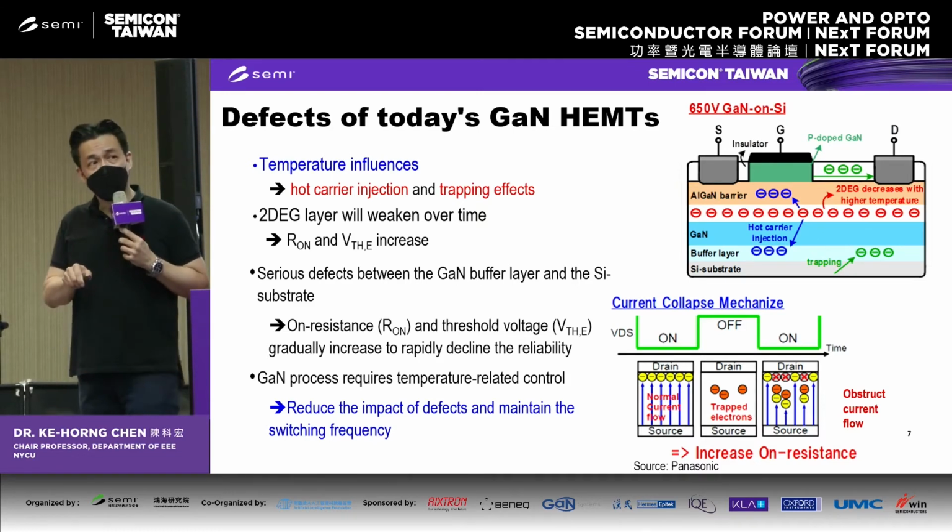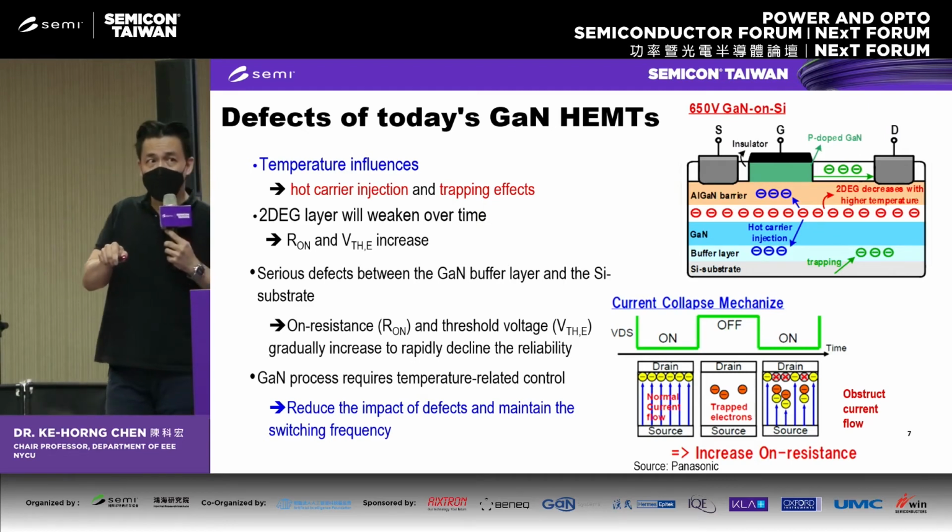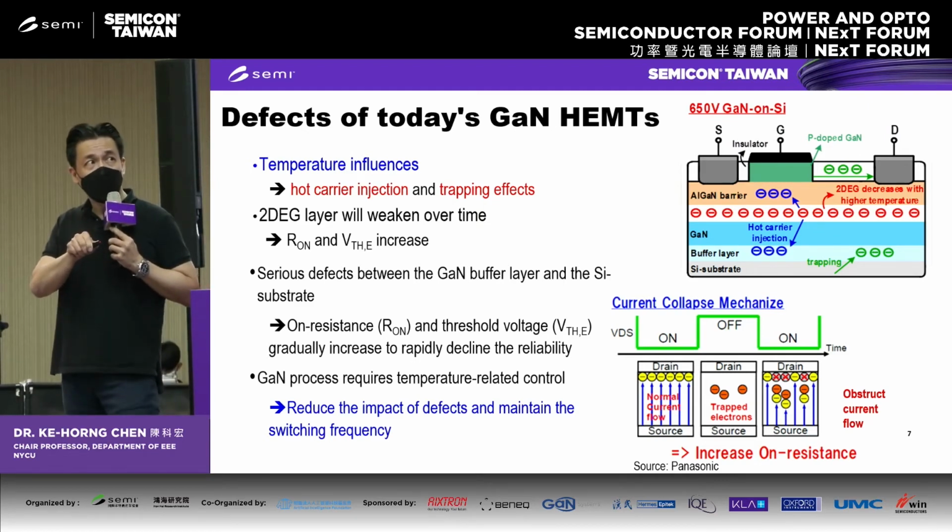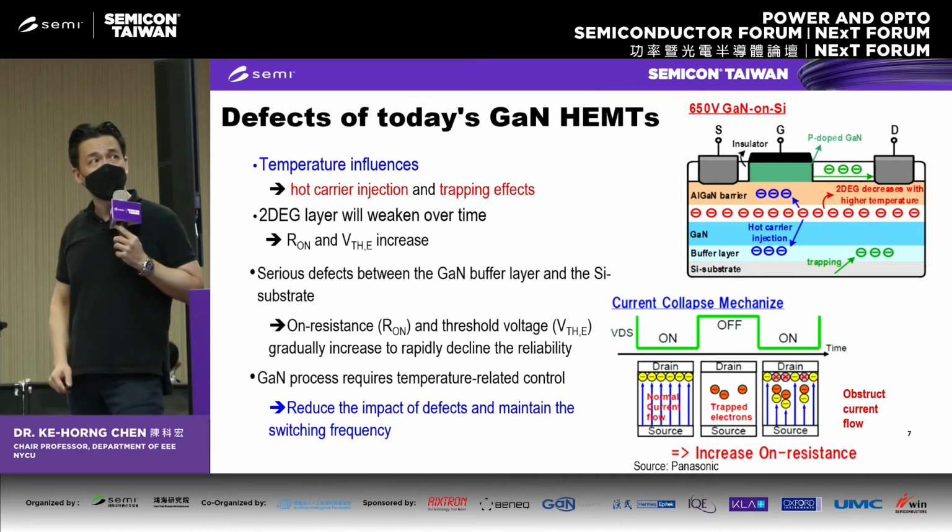If these two effects occur, the 2DEG layer will weaken over time. It means that the on-resistance and the threshold voltage will increase. In other words, the efficiency will degrade, the control will become difficult, and the performance will degrade.